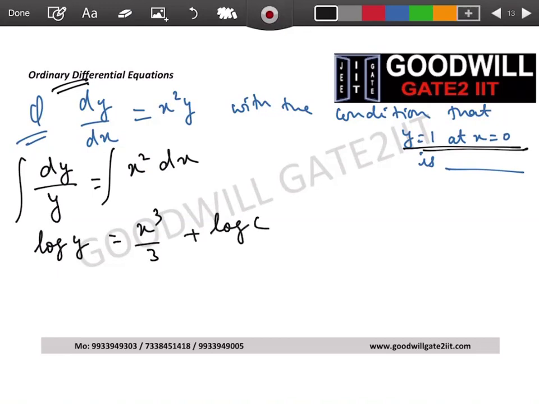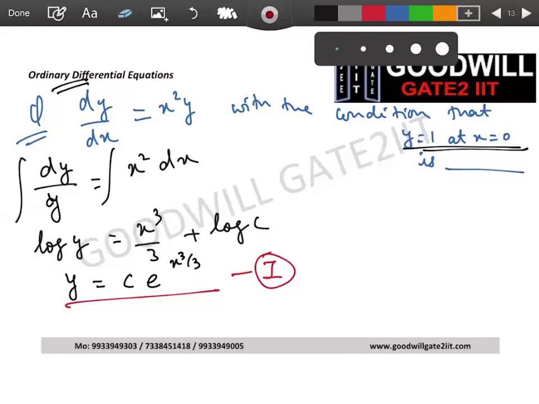Simple, yes? Now taking anti-log, it will give you y equal to c into e to the power of x cubed by 3. So this is my equation 1.